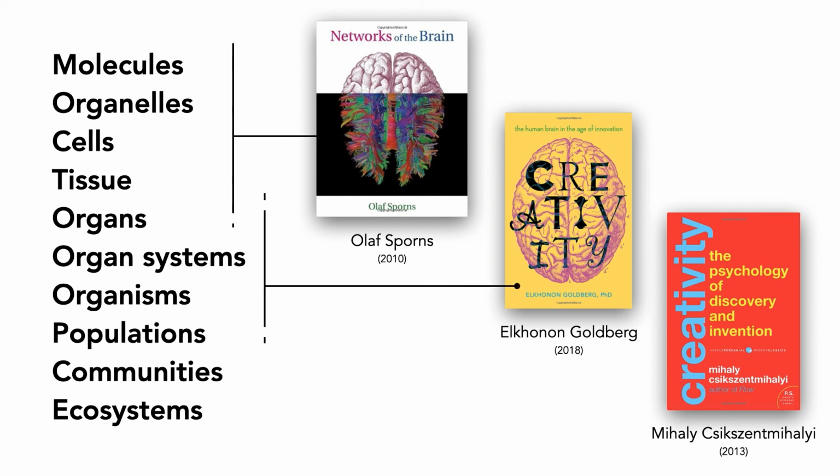Then we have Elkhonon Goldberg, who is also a neuroscientist, but also a neurosurgeon, and he's looking more into the brain and neuroscience from an organism perspective. And then you have Csikszentmihalyi, a psychology researcher, who is more into the population, community and culture way of creativity.